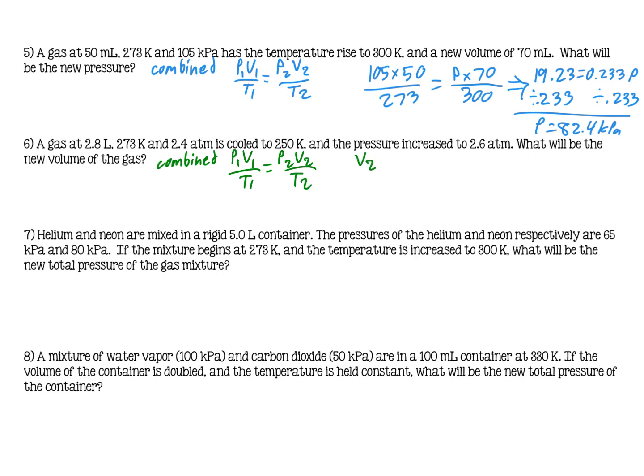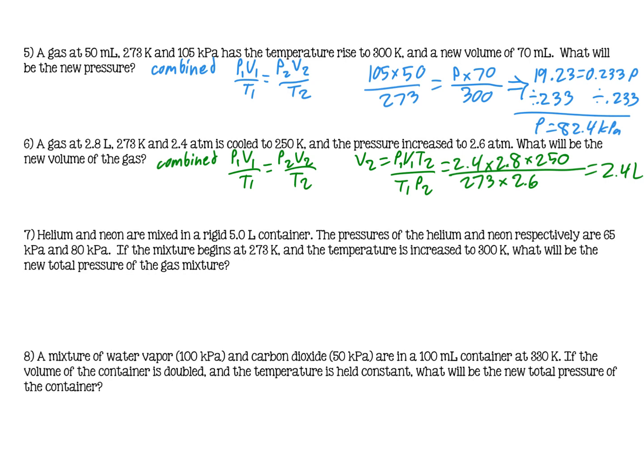Well, once again, we are going to set up our combined gas law, and when we solve for the unknown volume, V2, we are going to get P1V1 times T2 over T1 times P2. When this is multiplied out, we get 2.4 liters as our new volume.